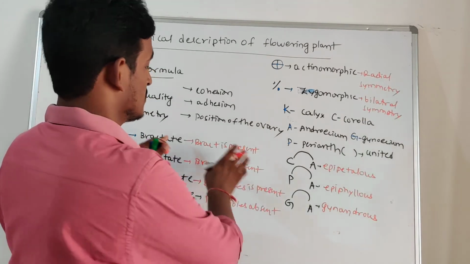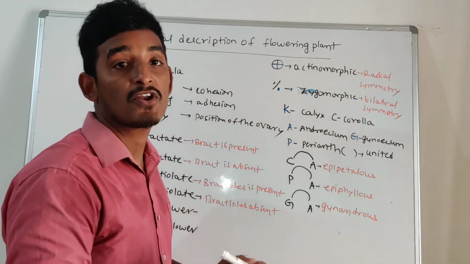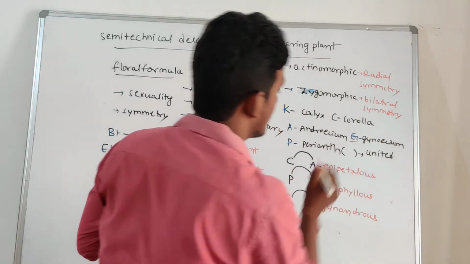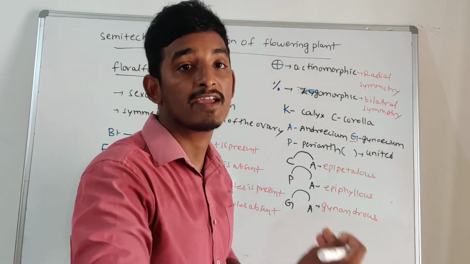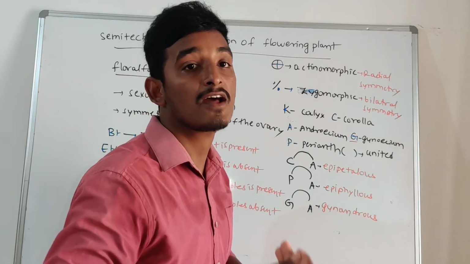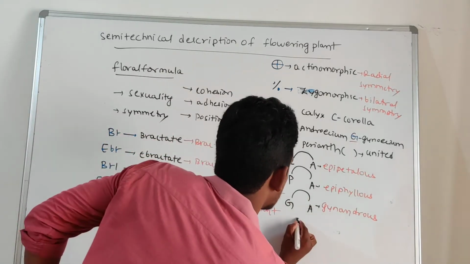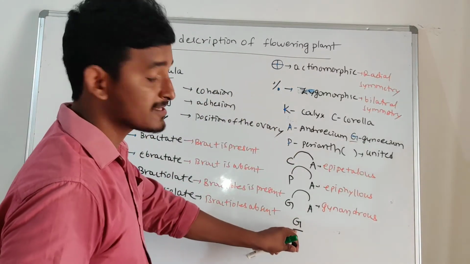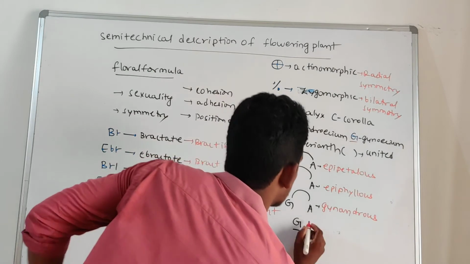Right? So it is the way of representing a floral formula. Along with this, see here the gynoecium is present. Based on the position of the ovary, either superior ovary or inferior ovary or half inferior or half superior ovary. So see, it is the gynoecium. This type of ovary is called a superior ovary.